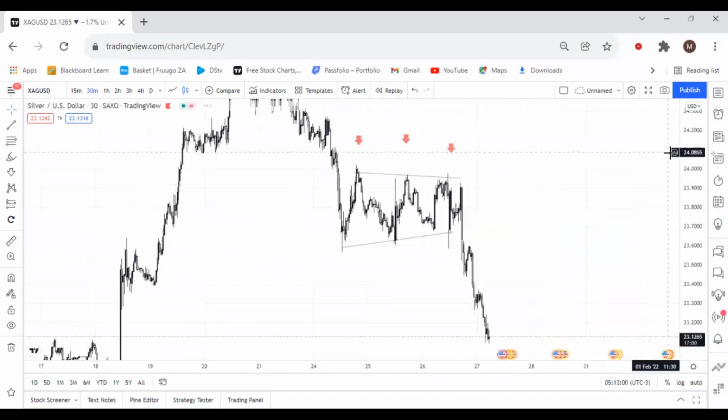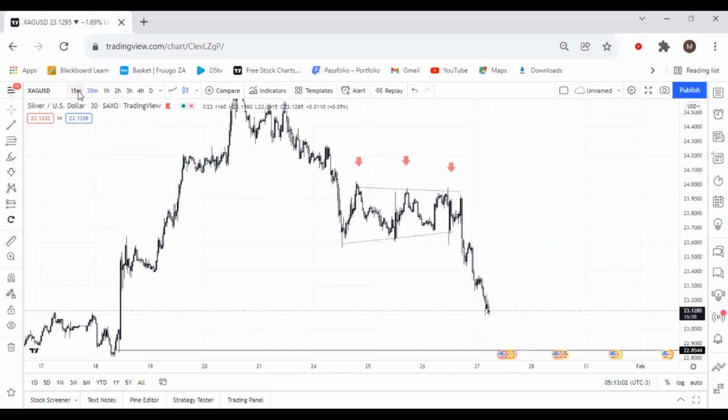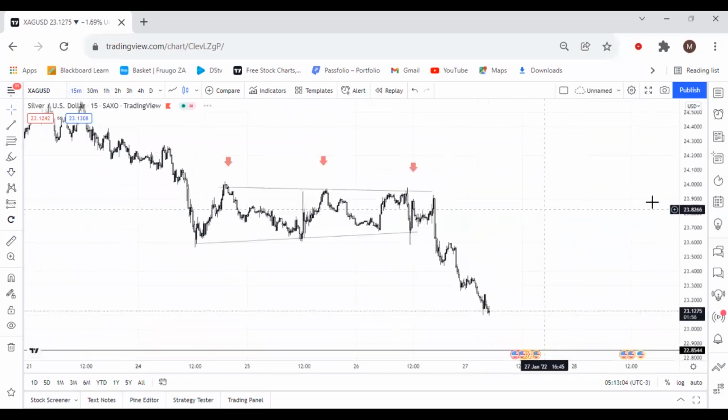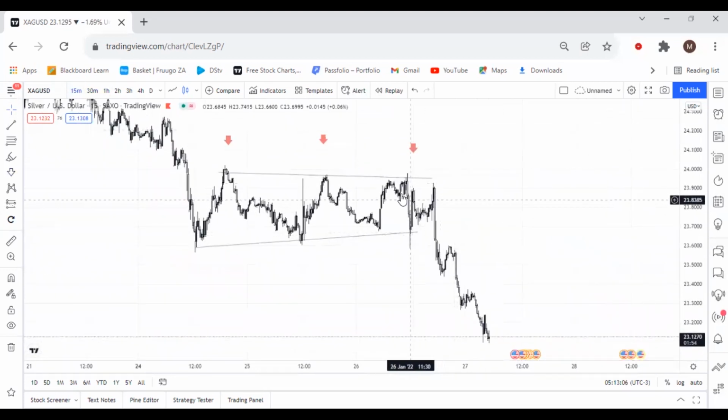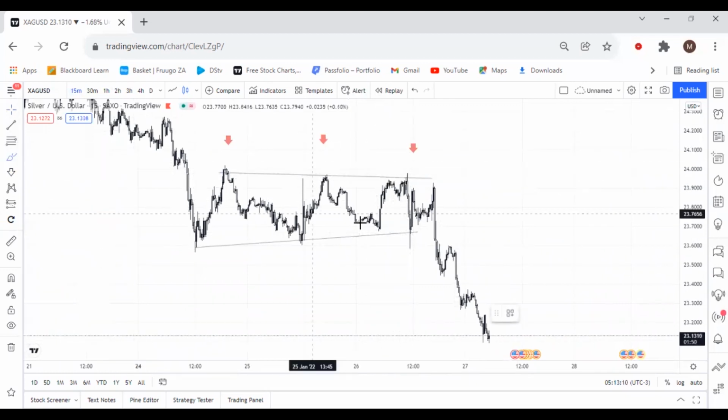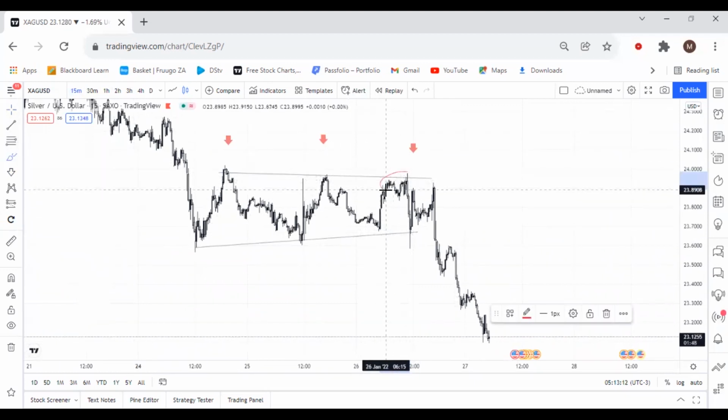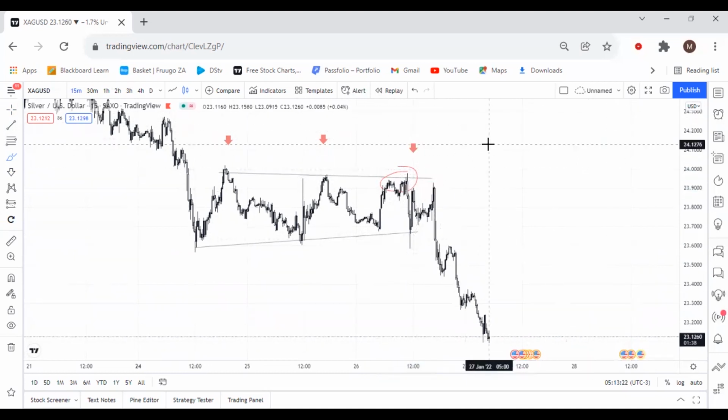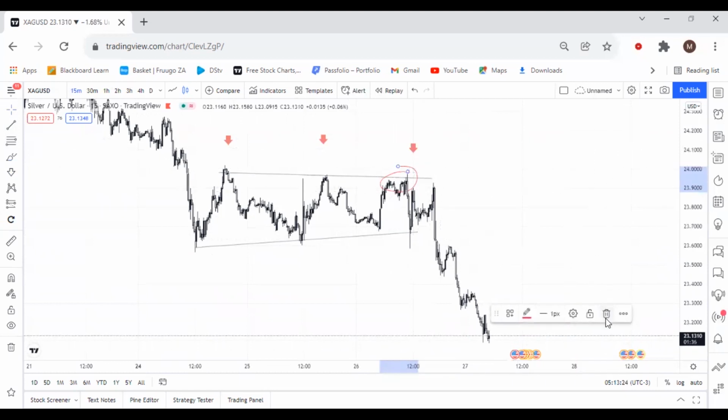If I zoom into the 15-minute time frame to get a clearer picture, we had quite a series of rejections. Right here were the first rejections, and right here, so it's a double top and a double top again. There was enough confirmation for us to just go down.